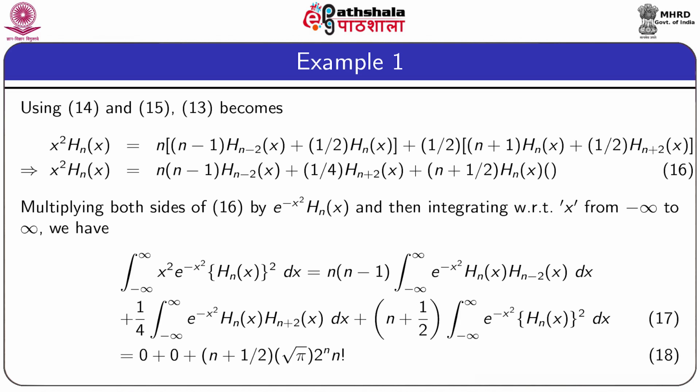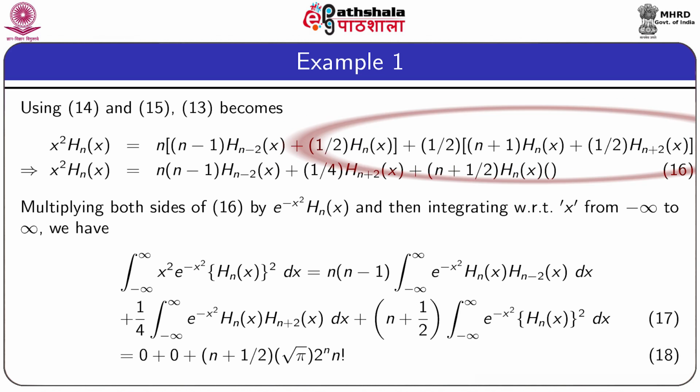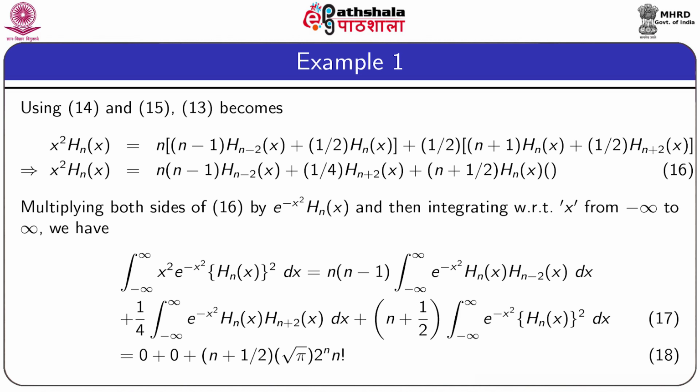So, as told before, using 14 and 15, equation 13 becomes x square H_n(x) is equal to n times n minus 1 H_{n-2}(x) plus half of H_n(x) plus half of n plus 1 H_n(x) plus half of H_{n+2}(x), which on simplification gives x square H_n(x) is equal to n into n minus 1 H_{n-2}(x) plus 1/4 of H_{n+2} plus n plus half H_n(x), given by equation 16.